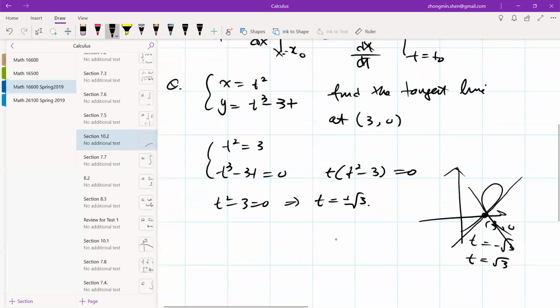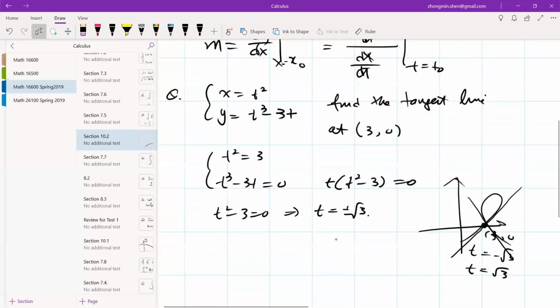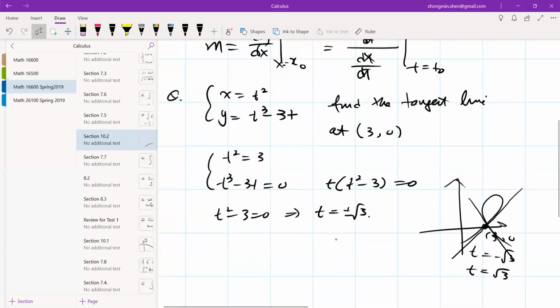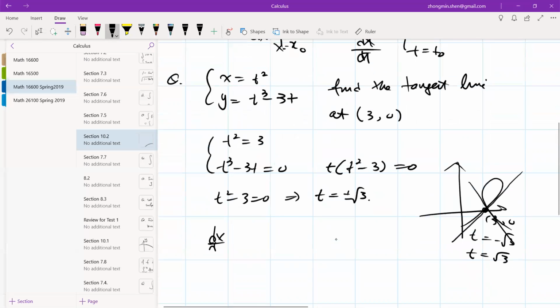So you get 2 slopes. The point is still the same point, but the curve is passing through this point twice. Let's find the derivatives. dx/dt is going to be 2t. dy/dt is going to be 3t squared minus 3.